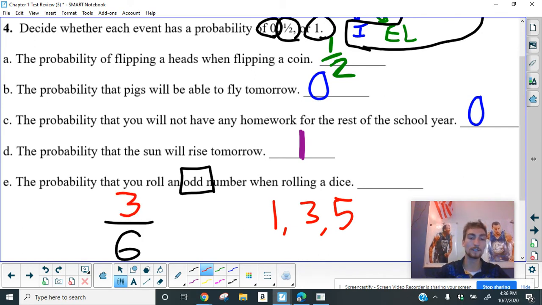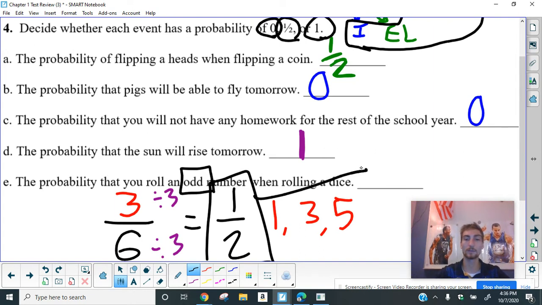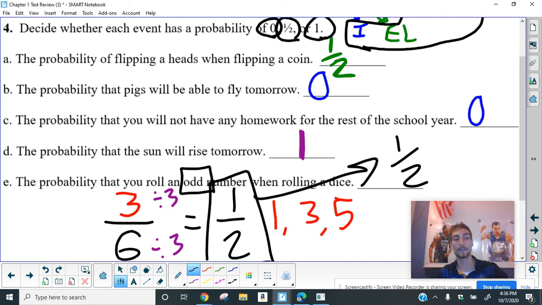And then if we reduce this, because 3 and 6 can both be divisible by 3, then I'm going to end up with 1/2. Hey, look at that. That's exactly what we can write in right here. All right, so I don't want to see 3 out of 6 here. I want to see one of our options, 0, 1/2, or 1.